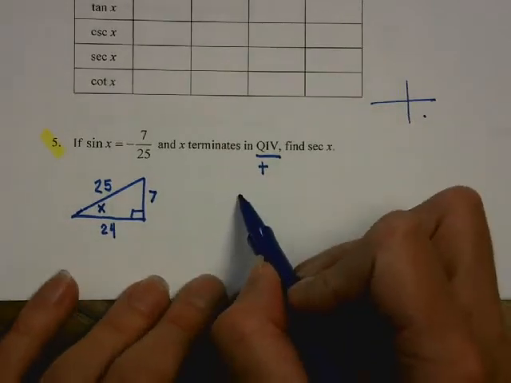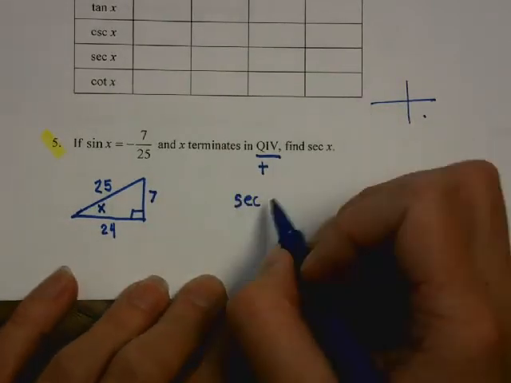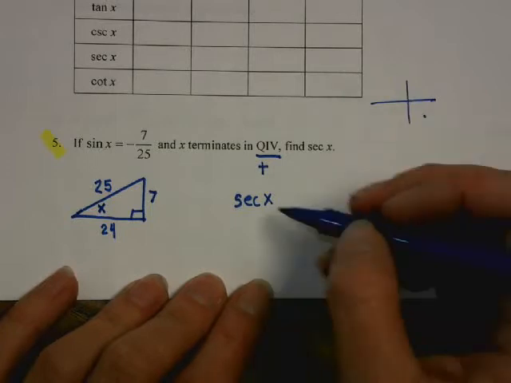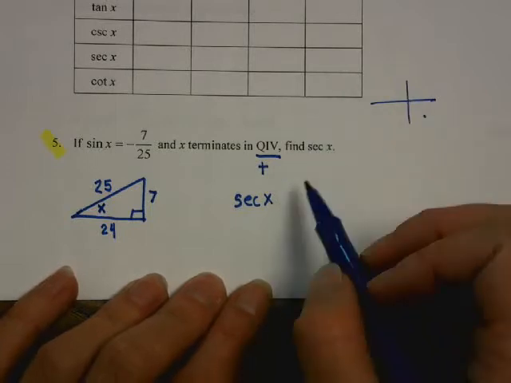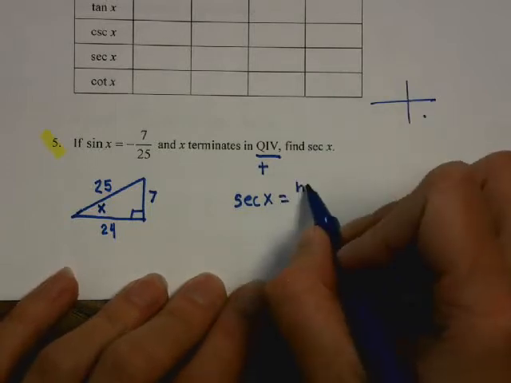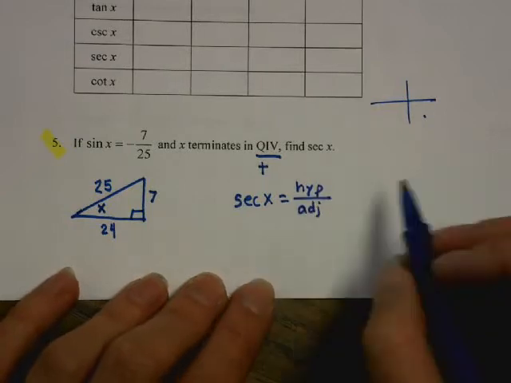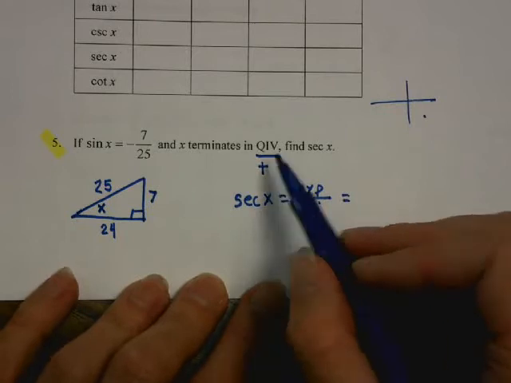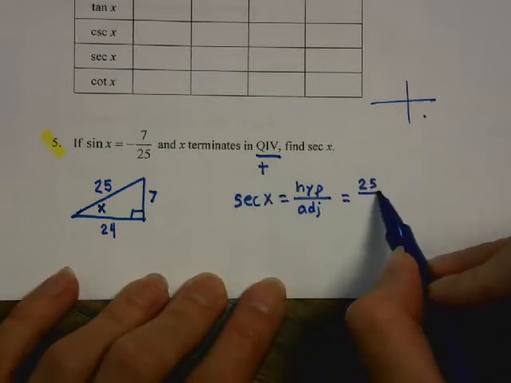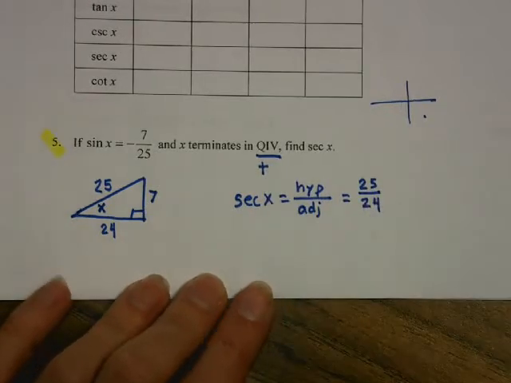Now, secant of x, if cosine is adjacent over hypotenuse, this is going to be hypotenuse over adjacent. We already determined it's going to be positive, so it's going to be 25 over 24.